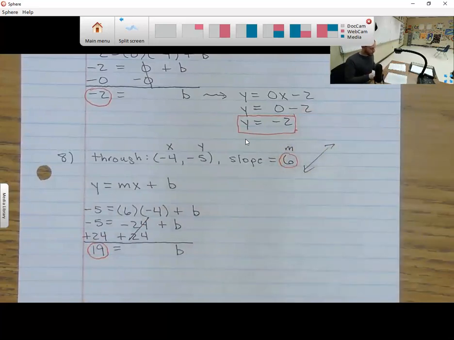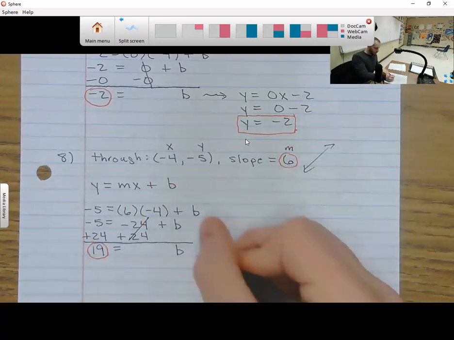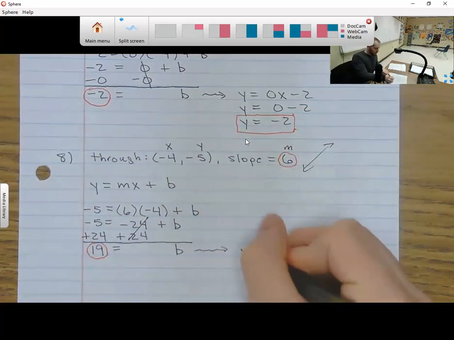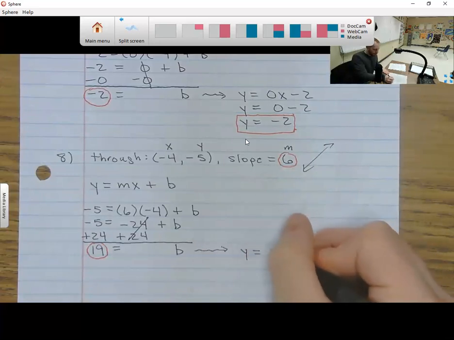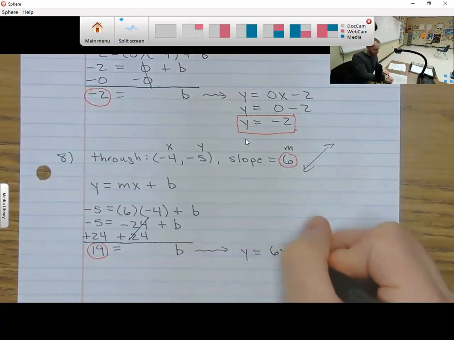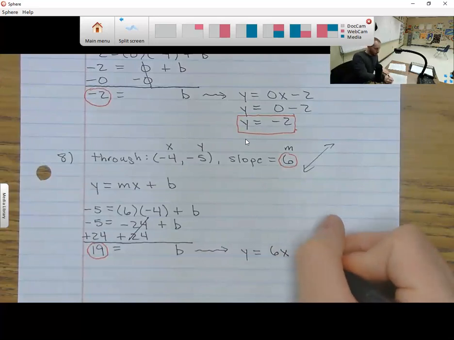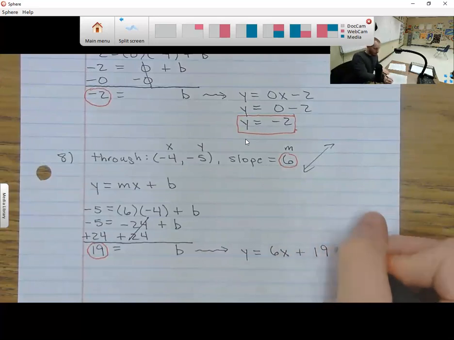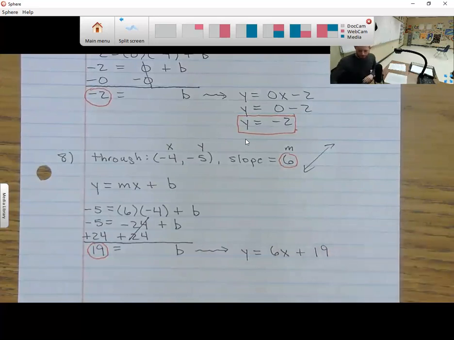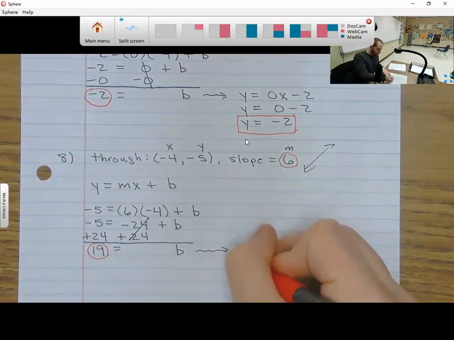Now I have enough information to write the equation of my line. So I'm going to get y equals mx, so that would be 6x. So the slope is going to be 6, and the y-intercept is going to be 19. So y equals 6x plus 19. I will put that in a box.